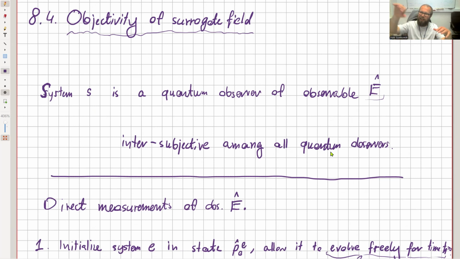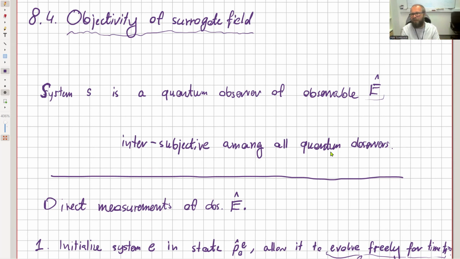It also encompasses the classical observers as well. And if this is the case, you have quantum observers, you have classical observers. Is there any other category of observer that we can imagine? I think not. So we have an intersubjectivity among all kinds of observers, at least all kinds I can imagine. So this is a categorical upgrade for this intersubjectivity.